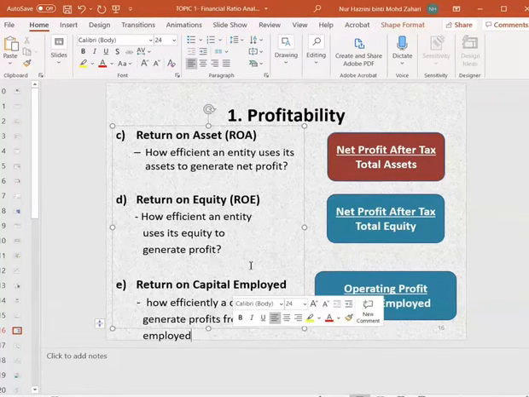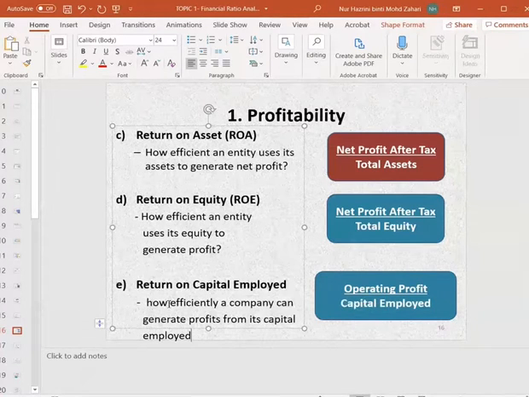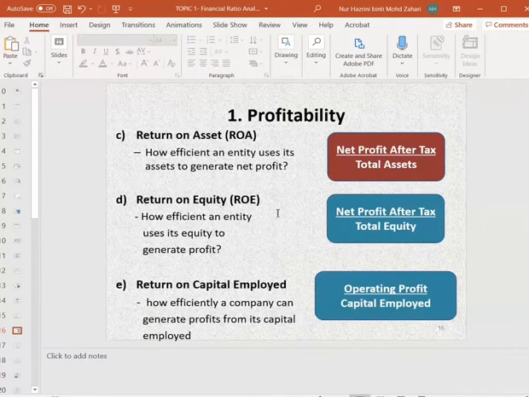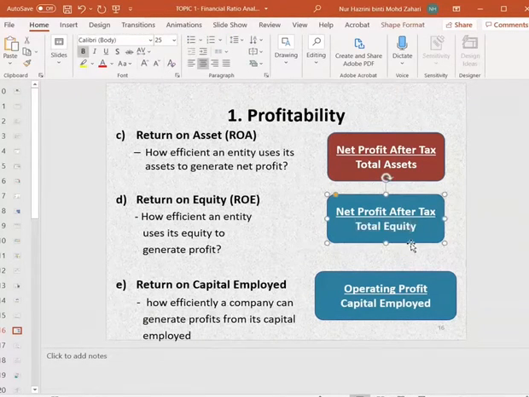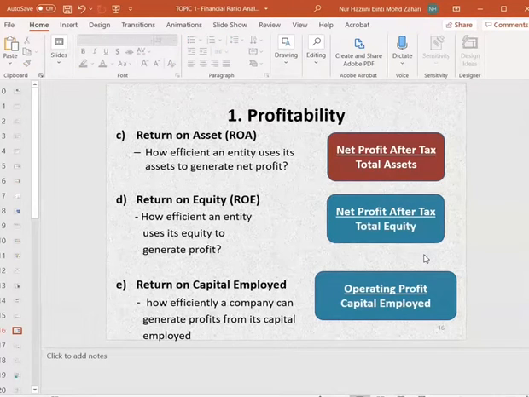And lastly, under profitability, we have return on capital employed: how efficient a company can generate profit from its capital employed. The difference between ROE and ROCE is that for ROE, we use total equity. Under total equity, we have a lot of things, not only capital but also the net profit, the retained profit, like I said just now.